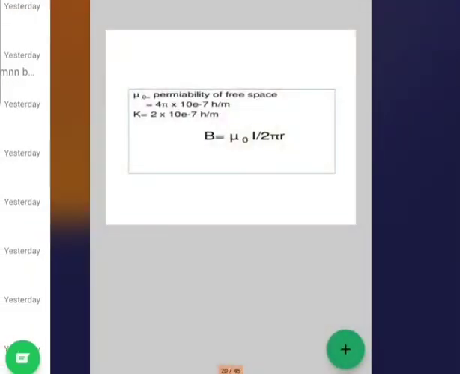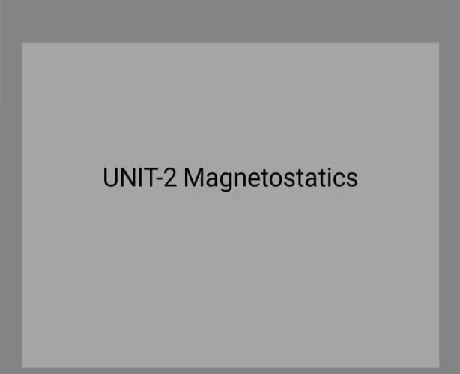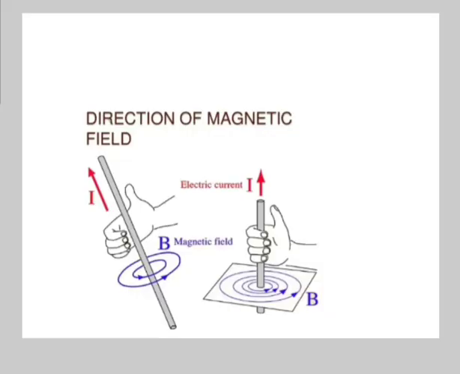So this diagram shows the direction of the magnetic field. In both diagrams, the electric current goes in the upward direction, that is in the direction of the thumb, and the magnetic field is shown according to our four fingers.